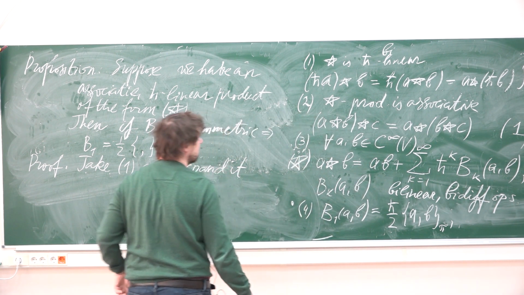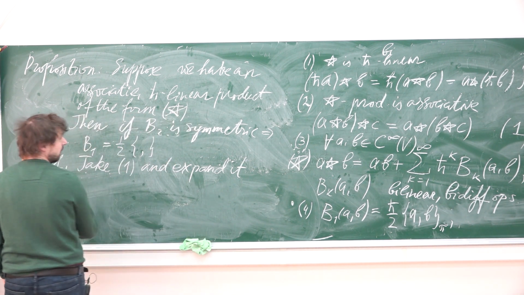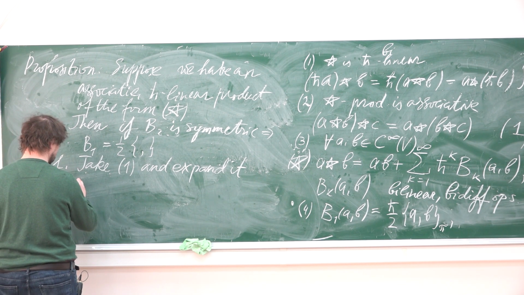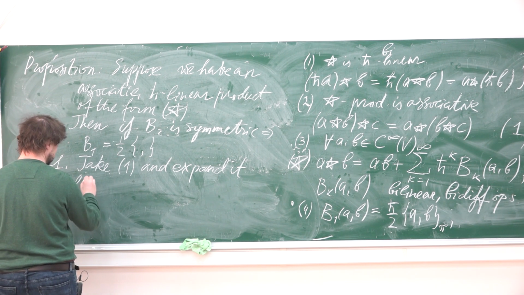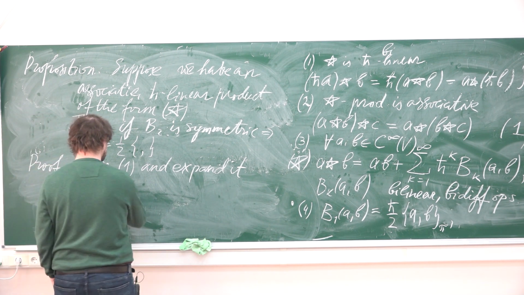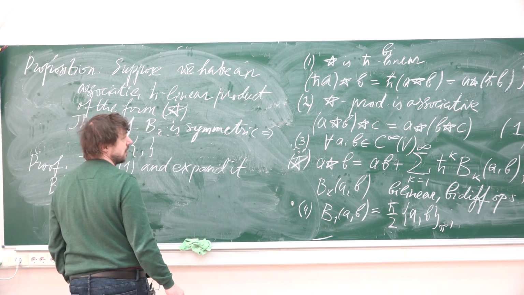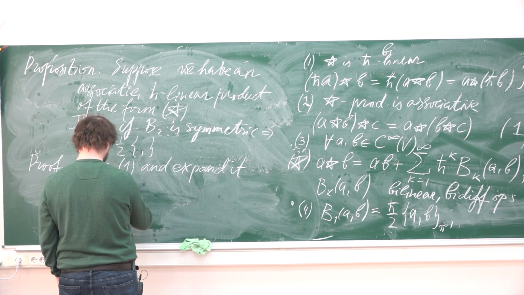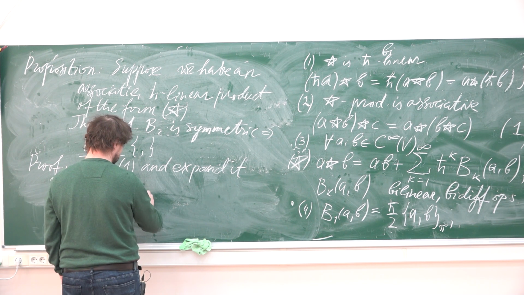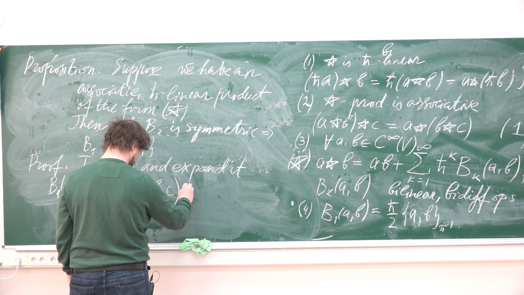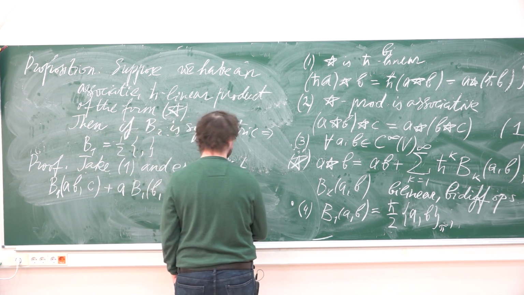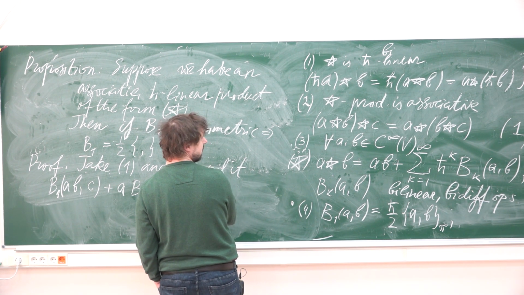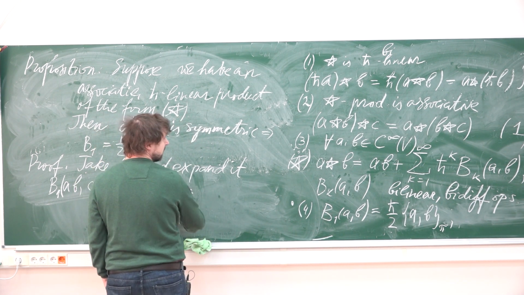But in degree 1, we have a condition that A times B1(B, C) plus B1(A, B) times C is equal to, sorry, it's on the right.